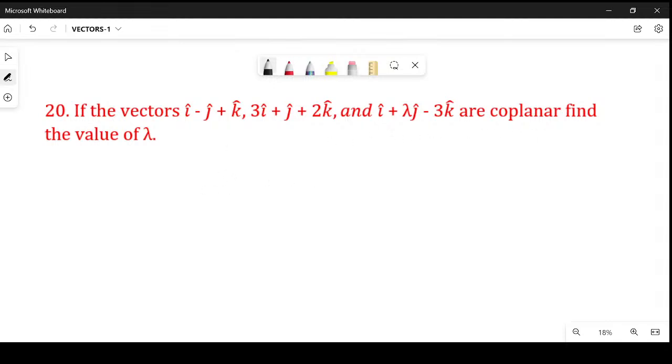When the vectors are coplanar, you can use the same technique. I can write 1, minus 1, 1 coefficients and 3, 1, 2 and 1, lambda, minus 3 equal to 0. Then expand this, we will get the lambda value.